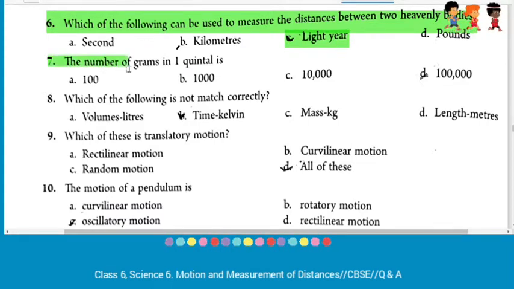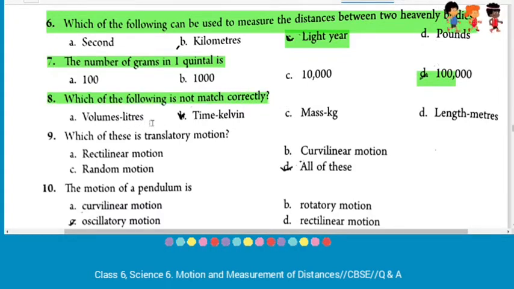Seventh question, the number of grams in 1 quintal is 100, 1000, 10,000, or 1 lakh. Number of grams in 1 quintal is 1 lakh. Eighth question, which of the following is not matched correctly?